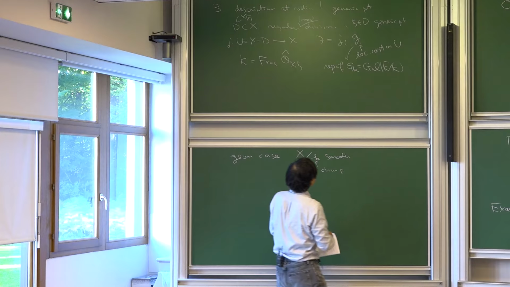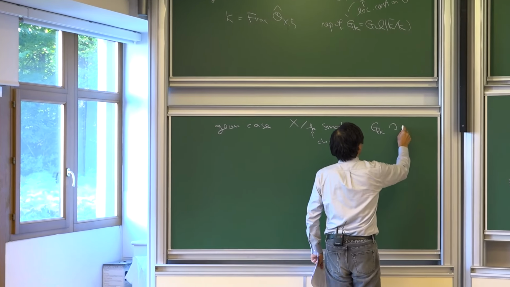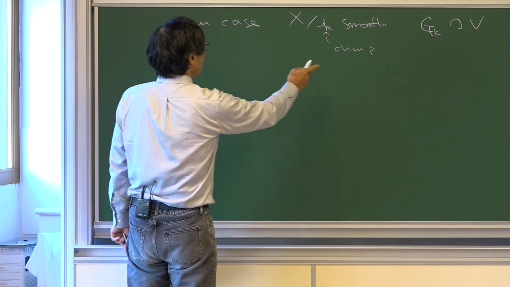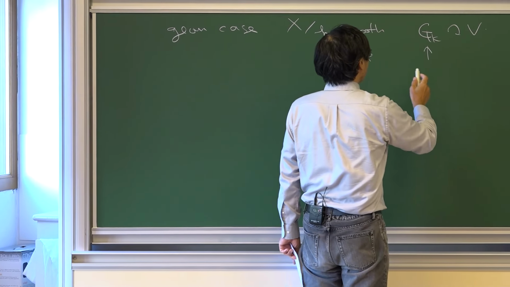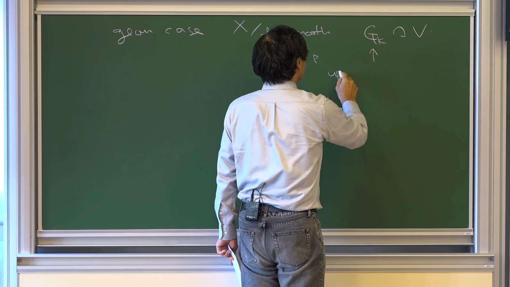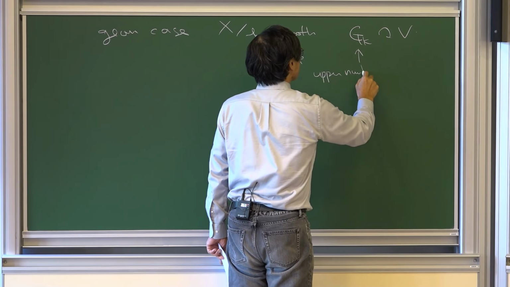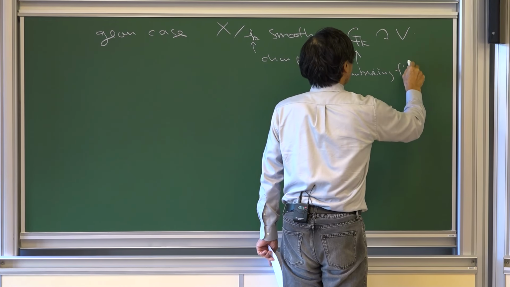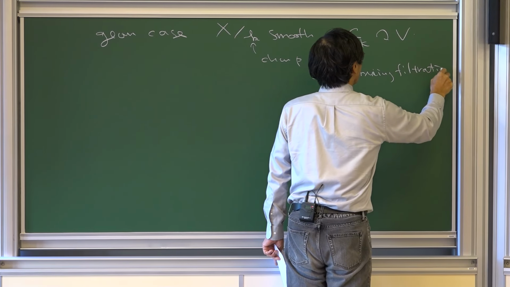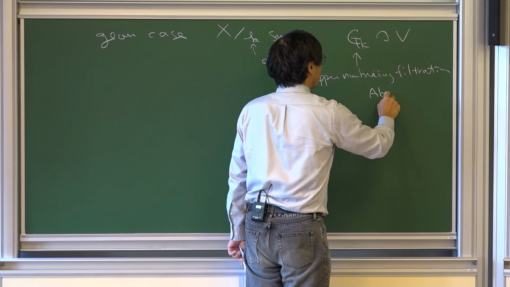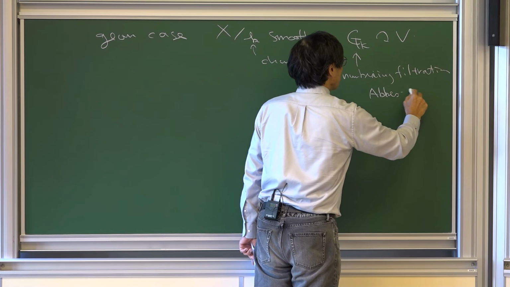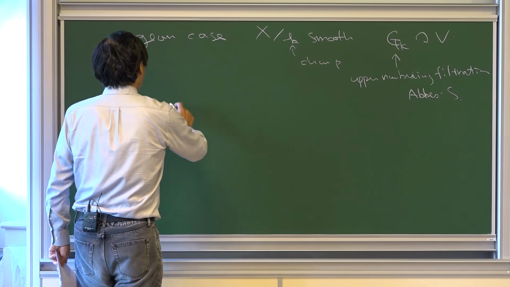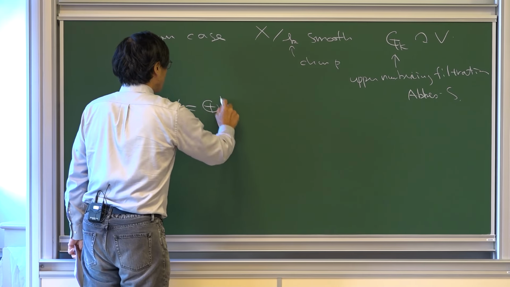Then we also have a Galois representation similarly. Then we have the upper numbering filtration, defined by Abbes and myself. So using this filtration, we have a slope decomposition.